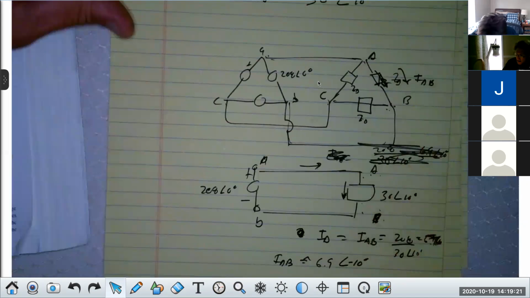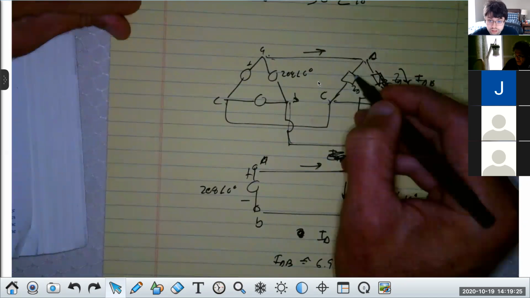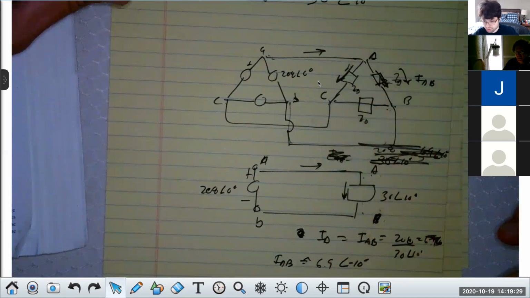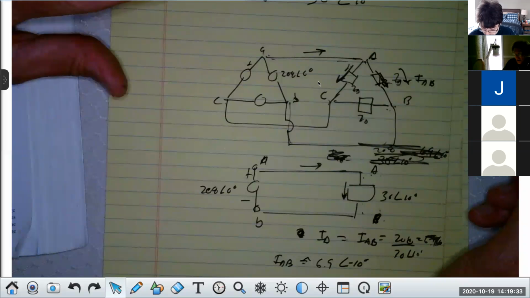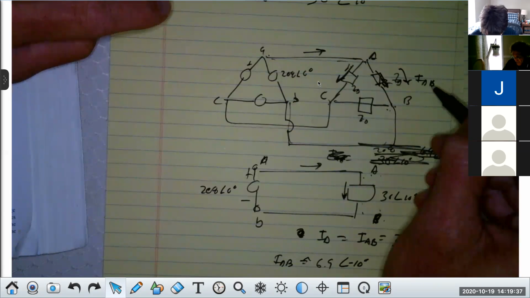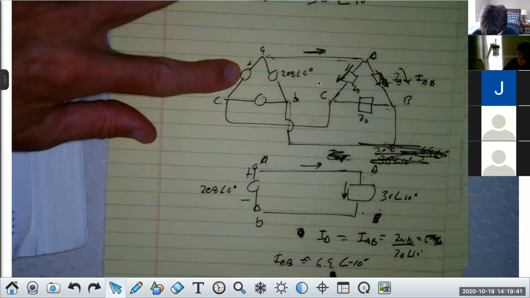However, that isn't this current. You have to add to it this current, IAC. You all follow me? Because this is a single node. Now, I'm not going to get into it right now, but if we have this value of current, this current here will be up by the square root of 3.